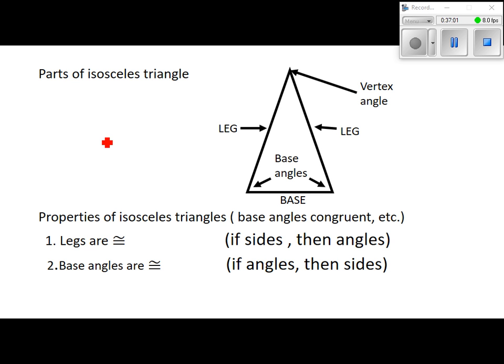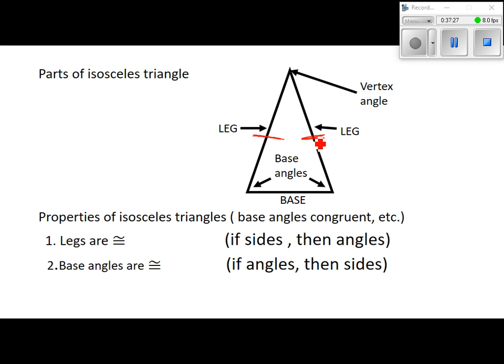Sorry, one of the parts of the isosceles triangle I left in there for you. Forgot to leave it blank so that you had to write it in. But in an isosceles triangle, what do we know about the two legs? They're congruent.